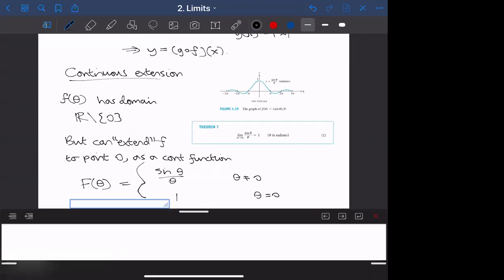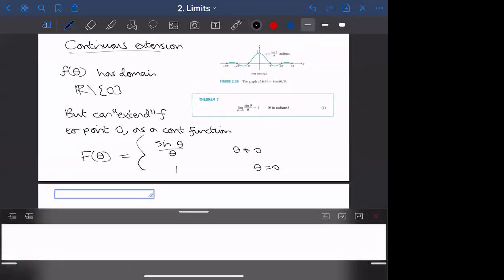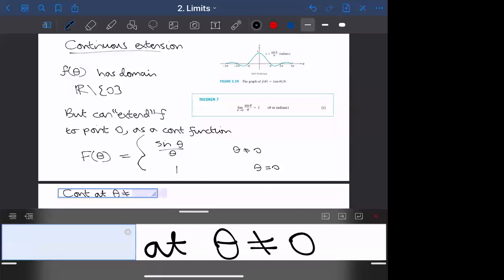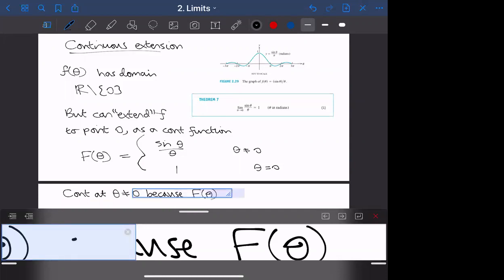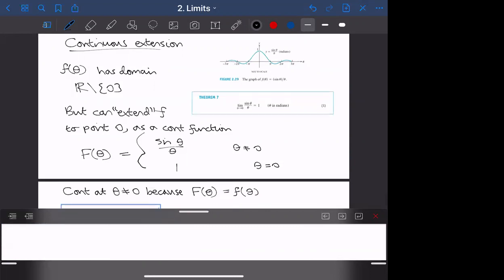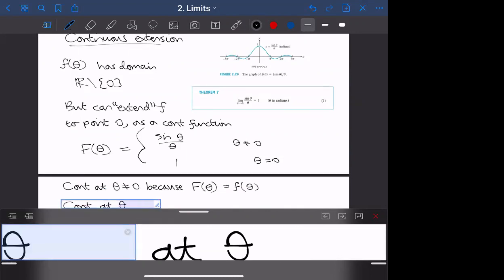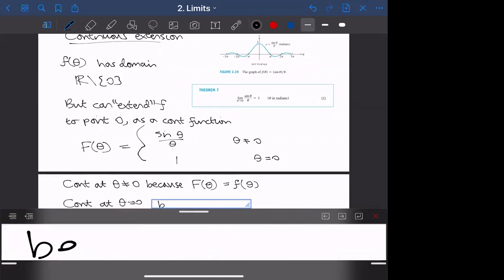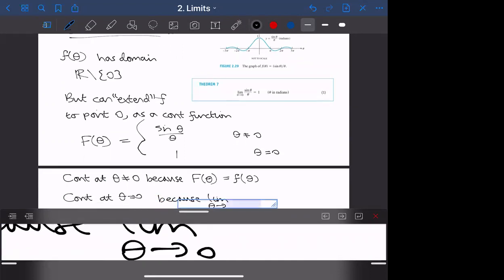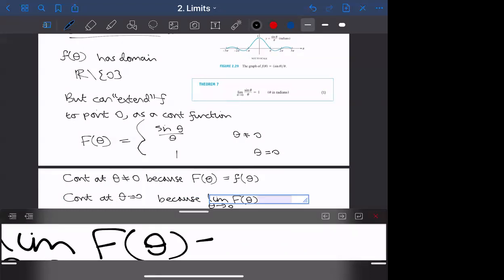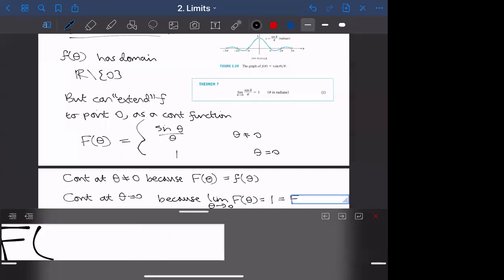And this is continuous, because its value equals little f(0), and it's continuous at theta equals 0, because the limit as theta goes to 0 of F(theta), well, it doesn't matter what the value at theta is, it's just going to be 1, and that equals the value F(0). Okay.